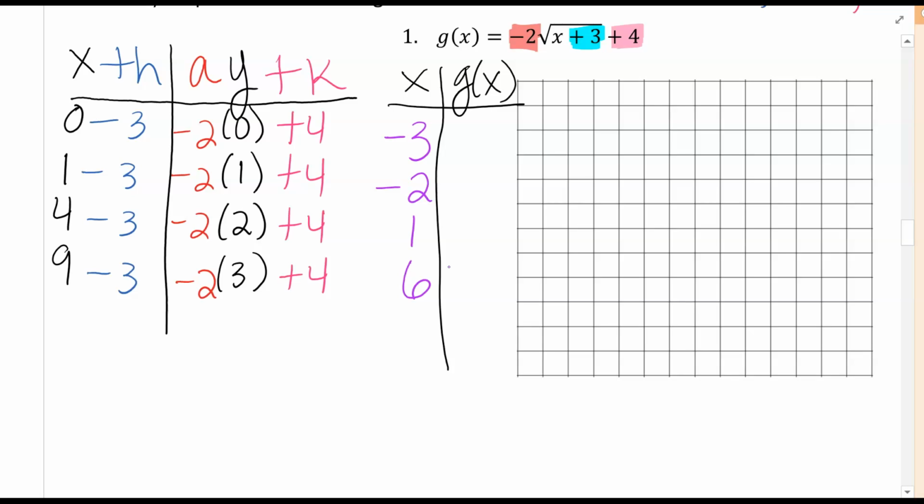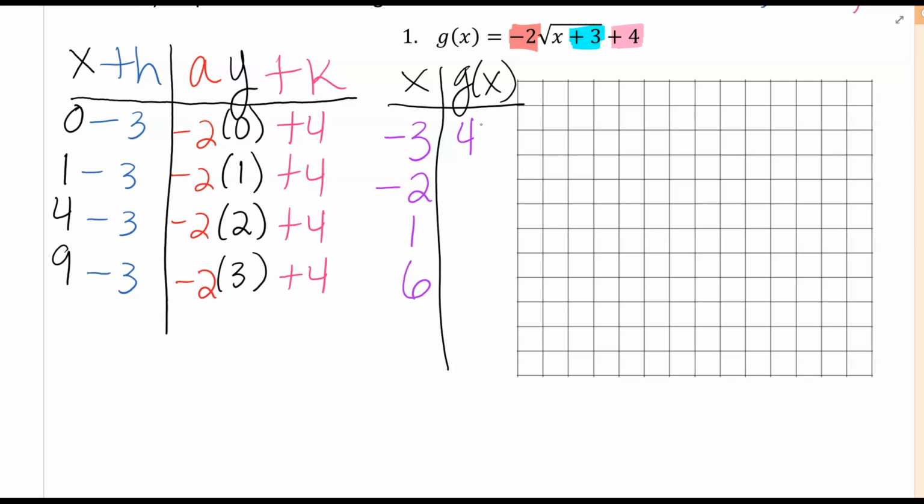For the y's, I have -2 times 0. That's going to be 0. Plus 4 gives us 4. Then the next one, -2 times 1 is -2.